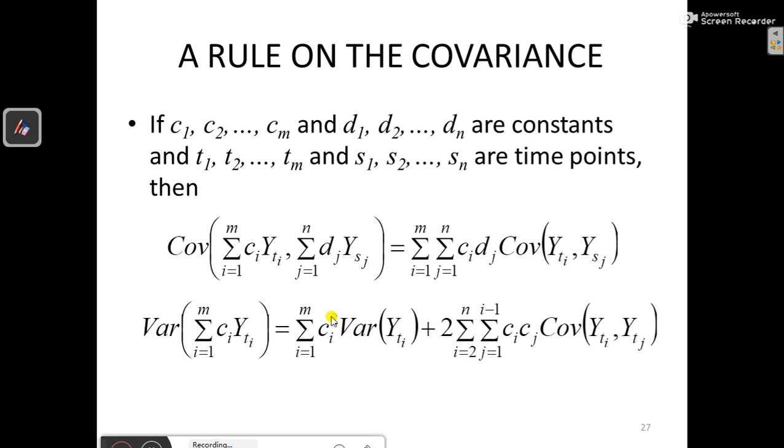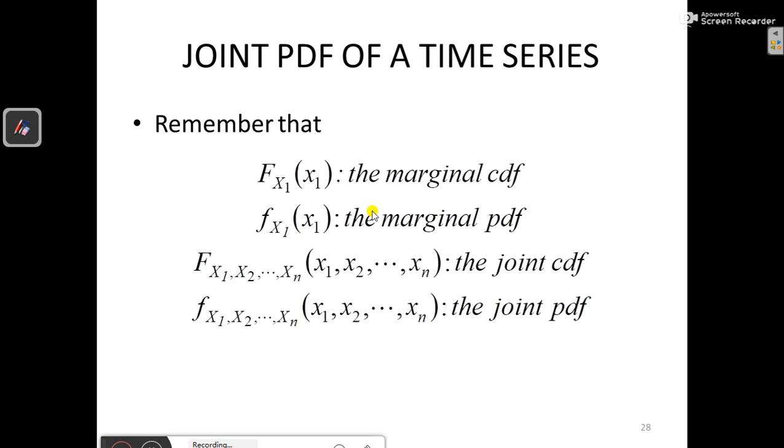This is the first part, the summation over i equal to 1 to m of ci squared, the constant squared, times the variance of Yti, plus twice the summation over i equal to 2 and j equal to 1 to i minus 1. So this is the rule on covariance.